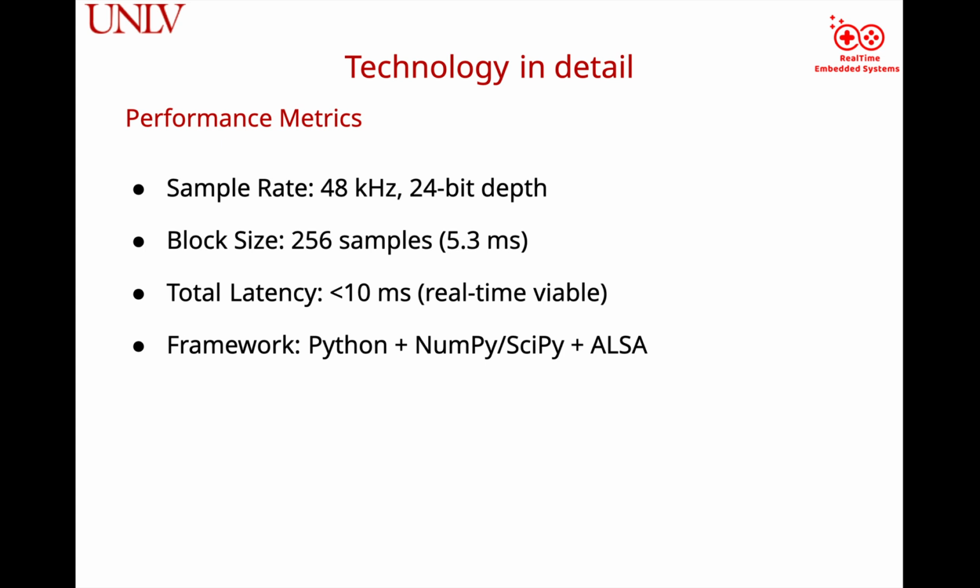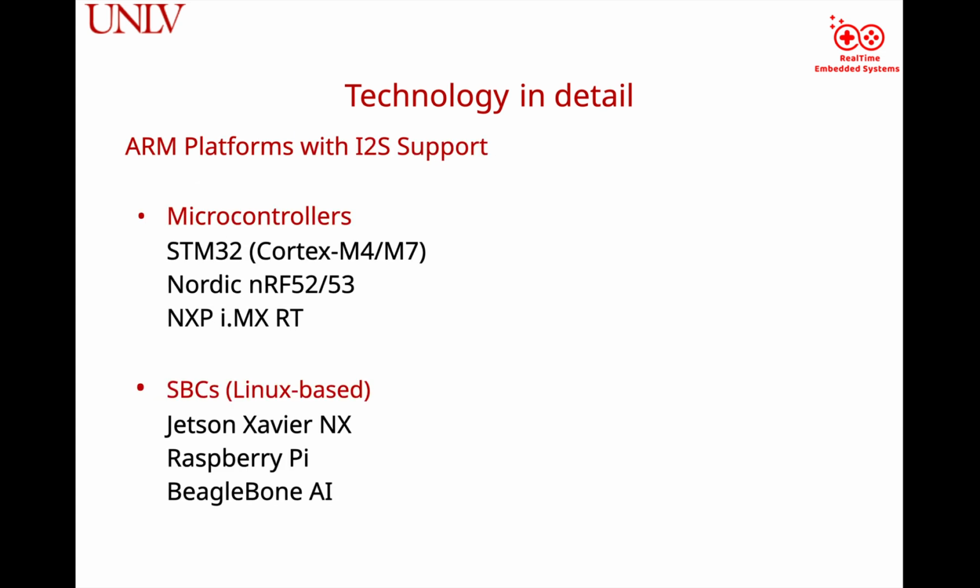So let's talk about performance metrics. The system runs at 48 kilohertz, 24-bit depth, and 256 sample blocks to achieve under 10 millisecond total latency using Python, NumPy, and ALSA frameworks. This one is an ARM platform with I2S support.